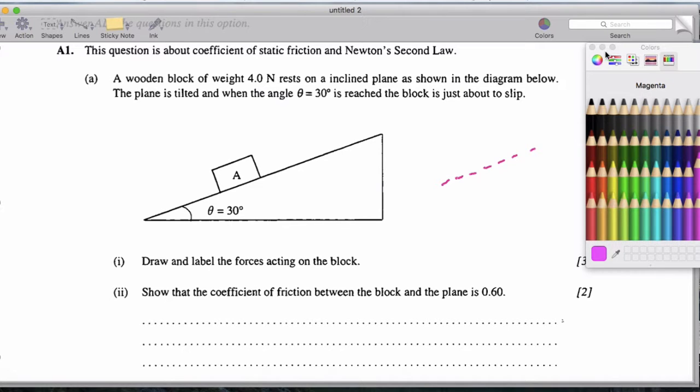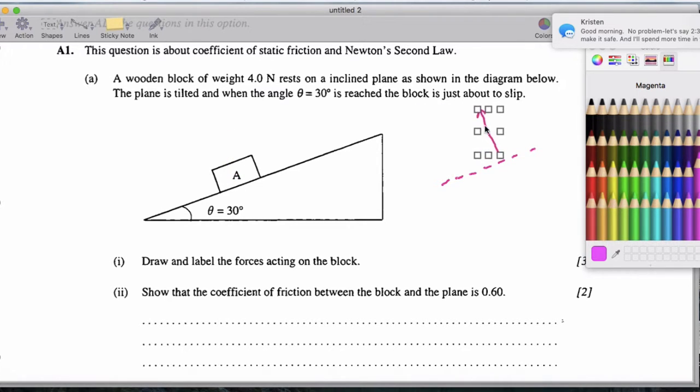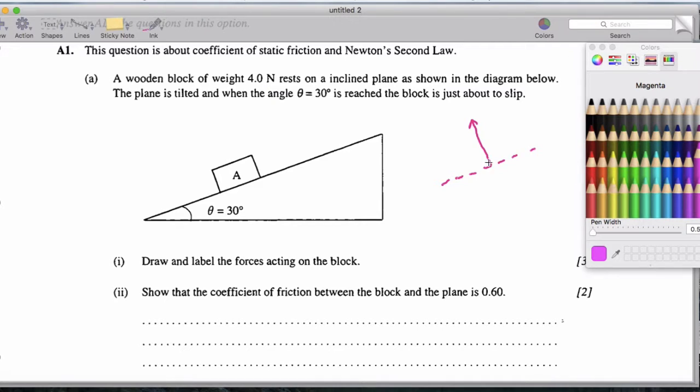So again, let me just draw a normal force vector perpendicular. So this goes here, and I will draw an arrow there.